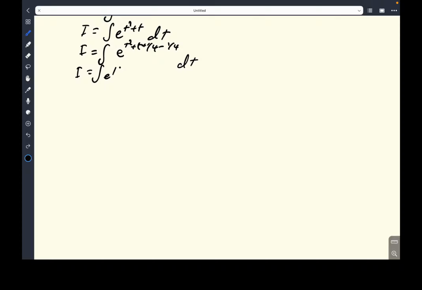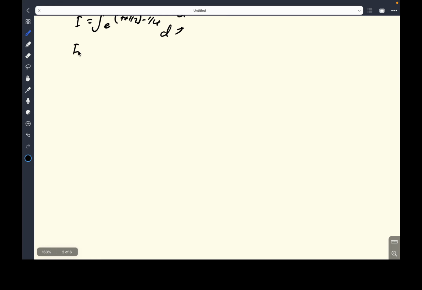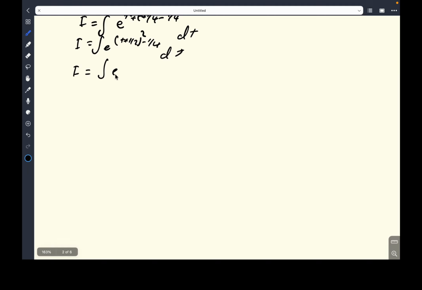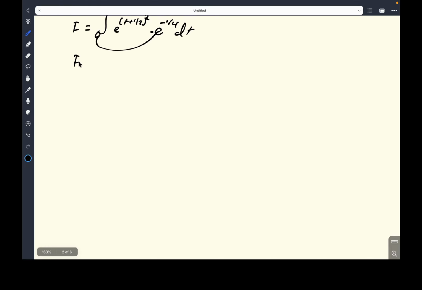If I factor it out, it's going to become t plus half squared minus a fourth dt. Thus, I equals the integral of e to the t plus half squared times e to the negative fourth dt. This negative fourth can be factored out of this integral because it's a constant.